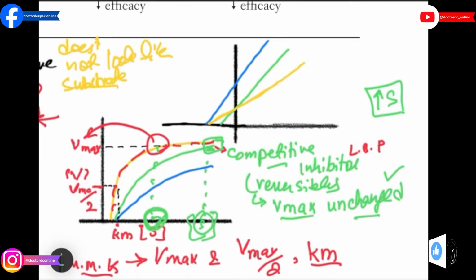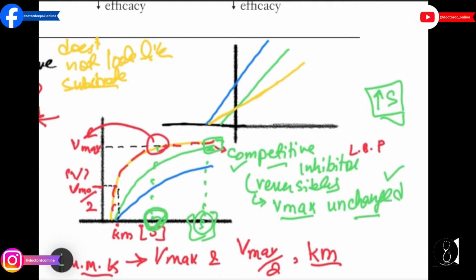We already studied that a competitive inhibitor can be knocked out by increasing the substrate. The Vmax will be unchanged because this is the maximum velocity that can be achieved by increasing substrate. Other than that, if you want to increase it, that will only increase with enzyme concentration.